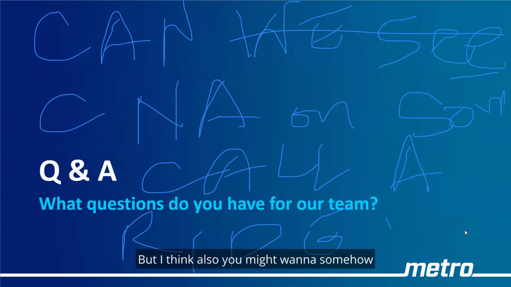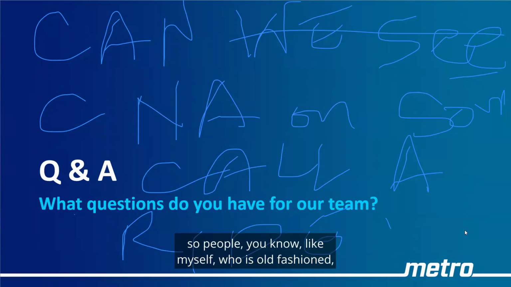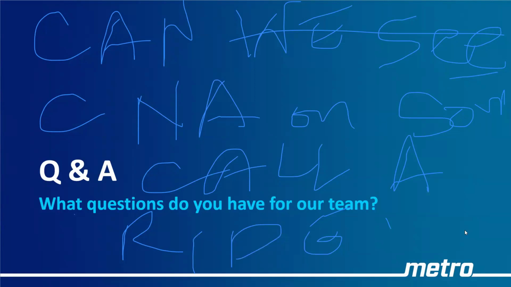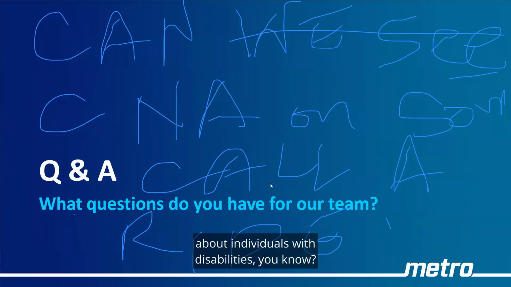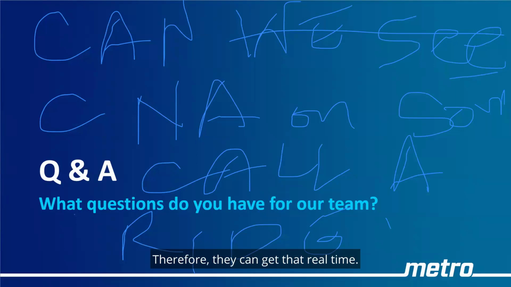But I think you might also want to somehow put that in there as well, so people like myself, who is old fashioned, I still literally have a flip phone. And just as we were speaking about individuals with disabilities, therefore they can get that real time.